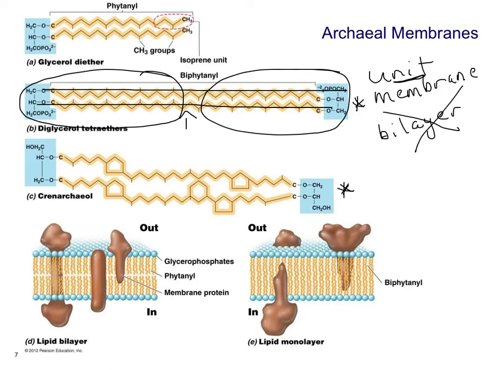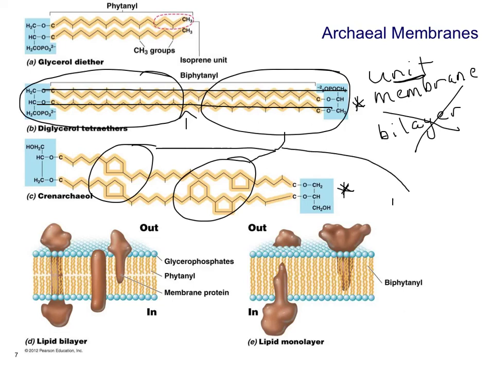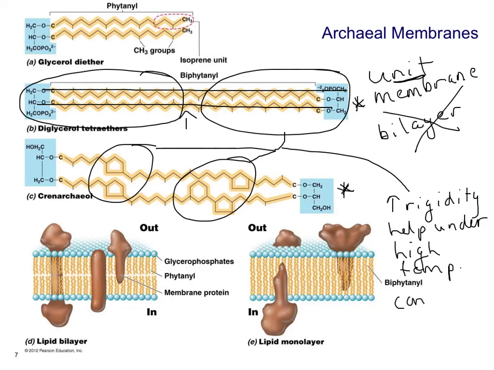Similarly, some of the ring-type structures found in the Archaea are able to make the membrane more rigid. So all of these adaptations increase rigidity, and they help under high temperature conditions.